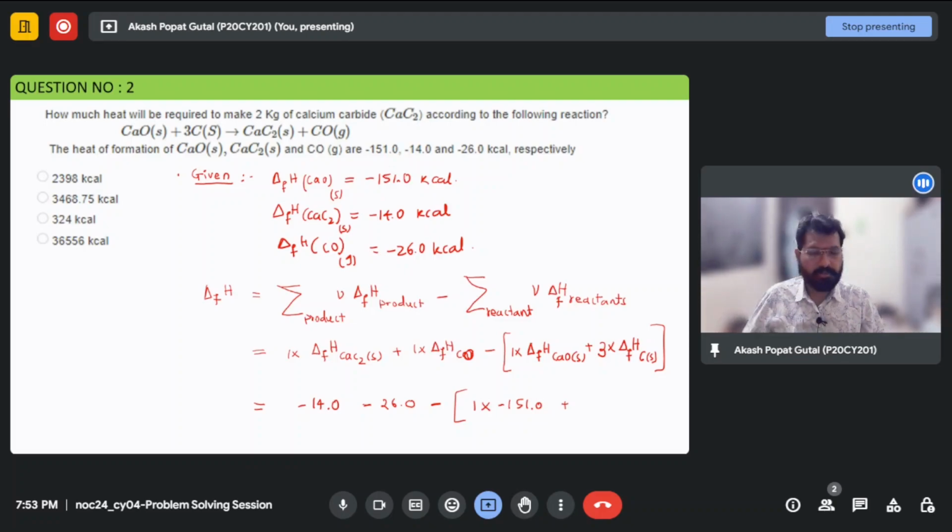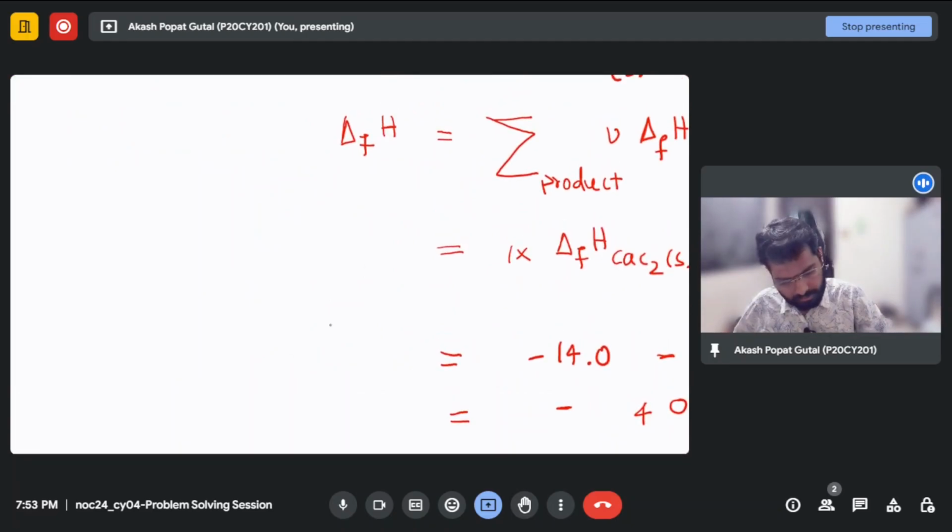And we know that delta H formation for an element in standard state is 0, so it will be 3 into 0. So 26 plus 14 is minus 40, and minus minus becomes plus 151.0, which gives 111 kilocal.